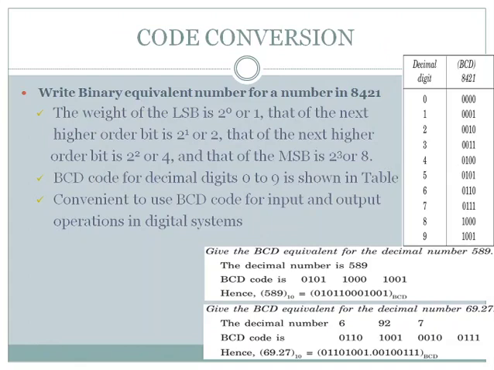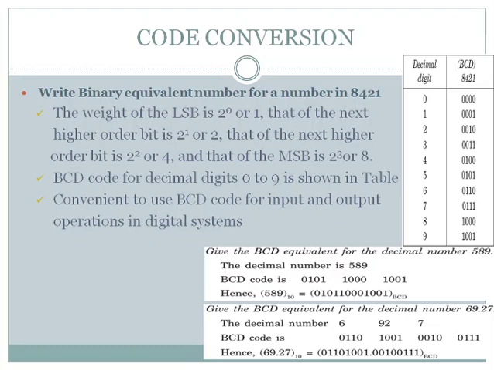We'll first look at 8421, which is a weighted code, and see how to represent a decimal digit. This code is particularly used to represent decimal digits and numbers using binary digits.